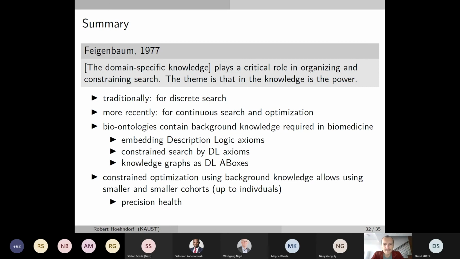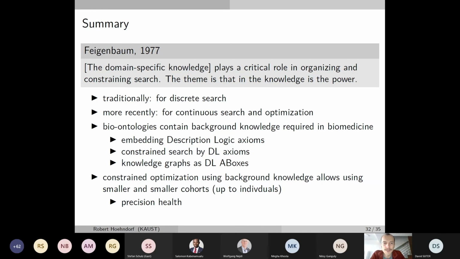But more recently, this is again becoming more and more important, this time not for discrete search, but rather for continuous search and optimization problems in machine learning. And bio-ontologies are where we can find the background knowledge that we need in biomedicine.